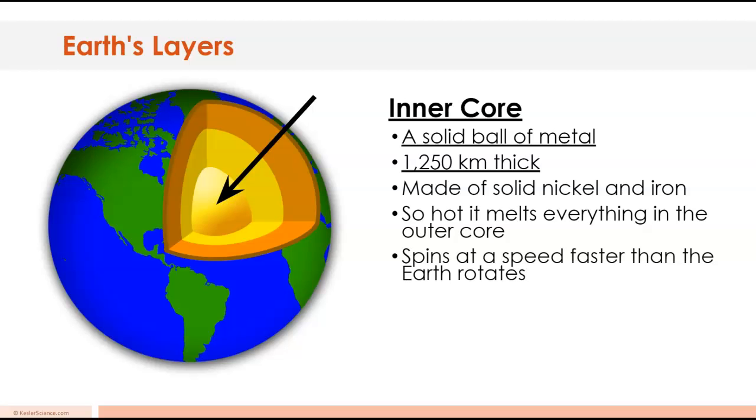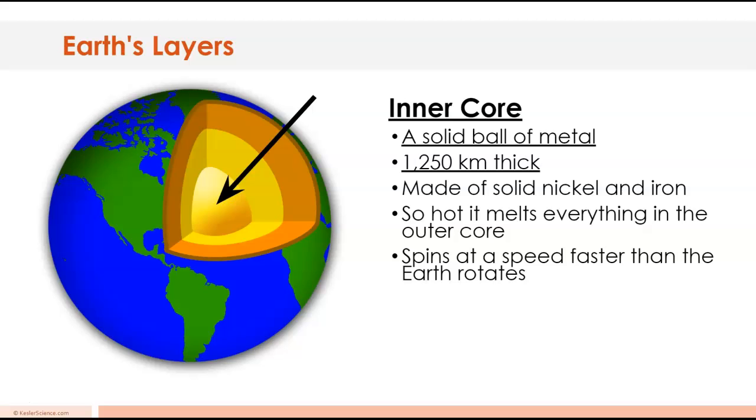All that pressure just keeps the atoms so tightly locked together that it makes it solid. It actually spins too, and it spins faster than the Earth's rotation, and it rotates in the opposite direction of the outer core. So we got the inner core spinning, actually it'd be spinning this way, and we got the outer core spinning this way. And whenever you have two metal things wrapped around the other and you get them spinning, you can create an electromagnet.